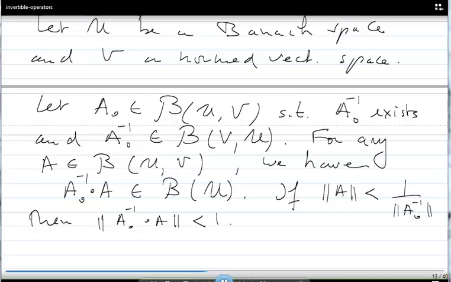And in this case, we can use what we just said, so I plus minus A0 inverse composed with A is invertible.